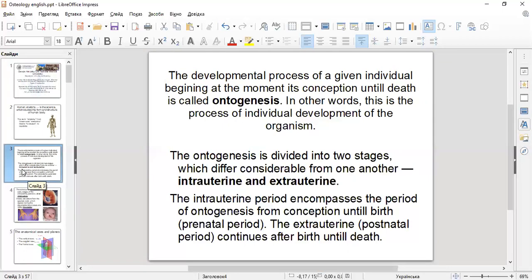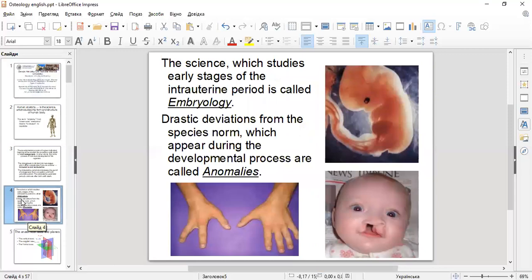The extrauterine postnatal period continues after birth until death. The science which studies early stages of the intrauterine period is called embryology.